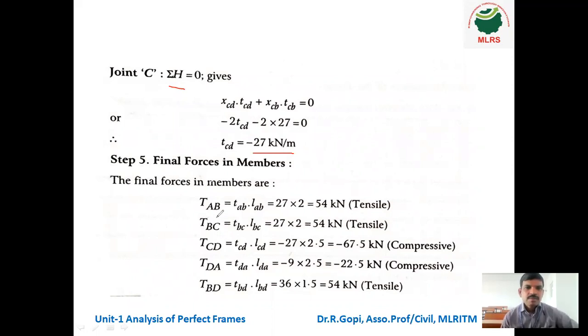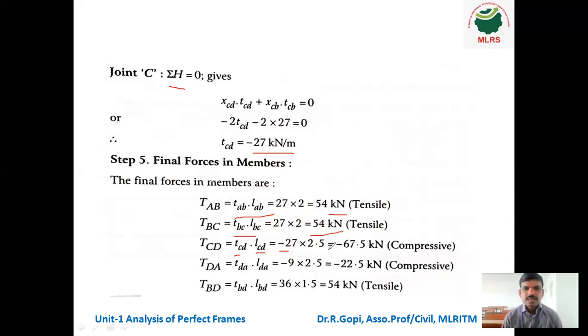So the forces in the member, capital TAB is equal to small TAB into LAB, which is equal to 27 into 2 equal to 54 kilonewton, and TBC equal to small TBC into LBC, which is equal to 27 into 2, 54 kilonewton, and TCD is equal to small TCD into LCD is equal to minus 27. So minus indicates it is compression force.